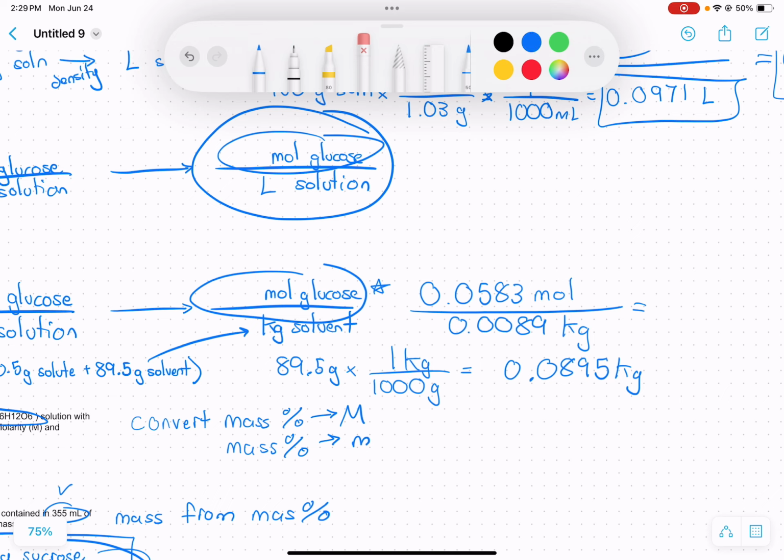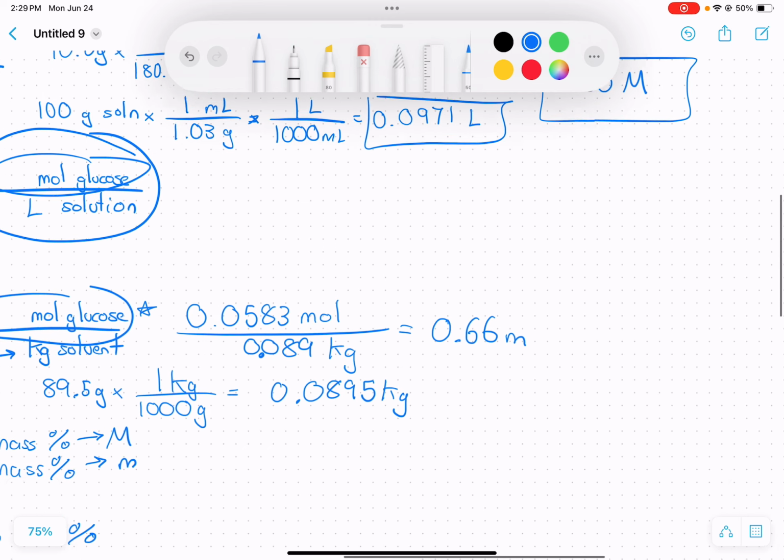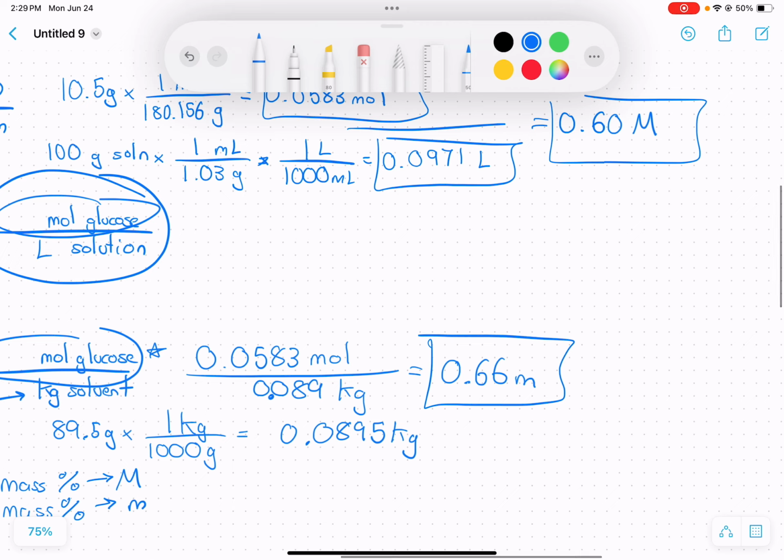Let's fix that up here as well. 0.0895. All right. 0.0583 divided by 0.0895, or 0.66 molal. Okay, similar, not identical.